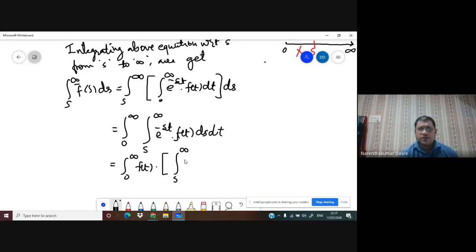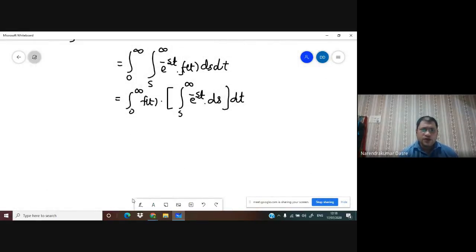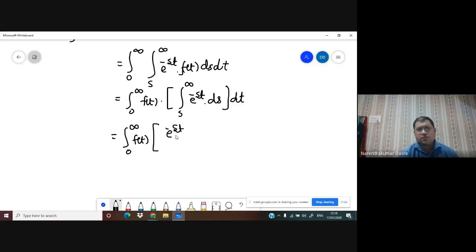This is going to be the integral from s to infinity of e raised to minus st ds, and dt. Now we integrate this: it is the integral from 0 to infinity of f of t times e raised to minus st upon minus t, from s to infinity, and the integral remains with respect to t.